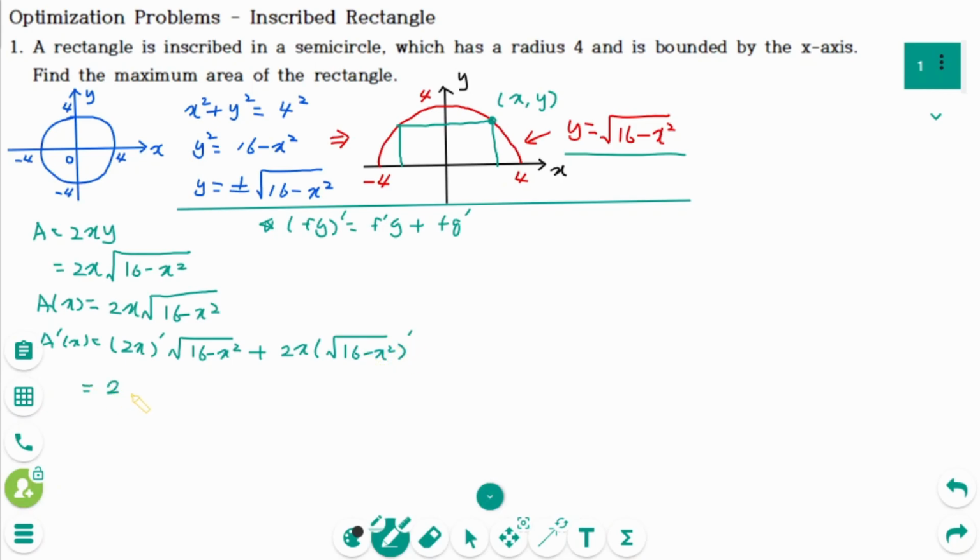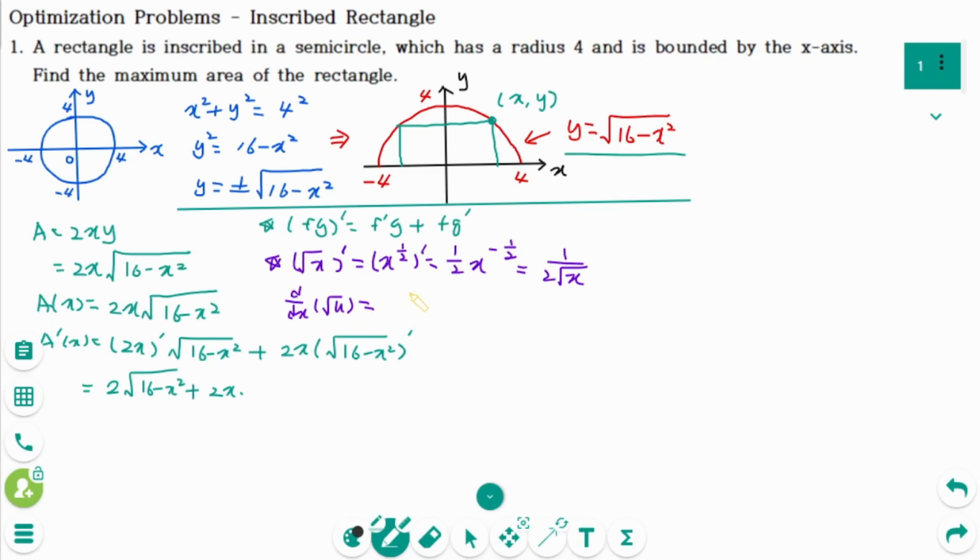That equals 2 times the square root of 16 minus x squared plus 2x times the derivative of the square root. The square root of x, x to the power of 1 over 2, has derivative 1 over 2 x to the power of minus 1 over 2. We can rewrite as 1 over 2 square root of x. Now using the chain rule, d/dx of square root of u equals 1 over 2 square root of u times u prime.